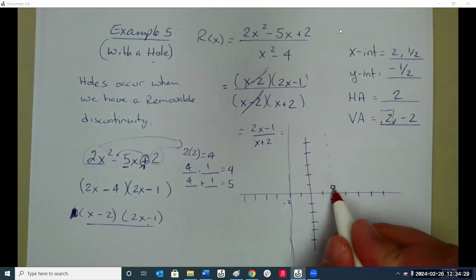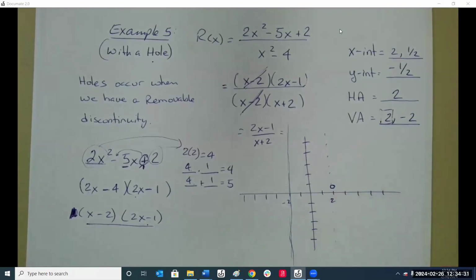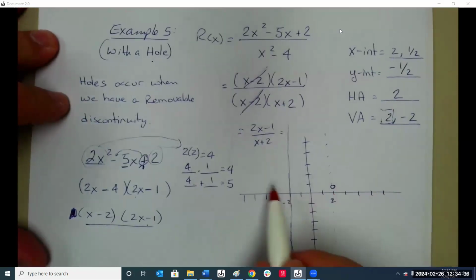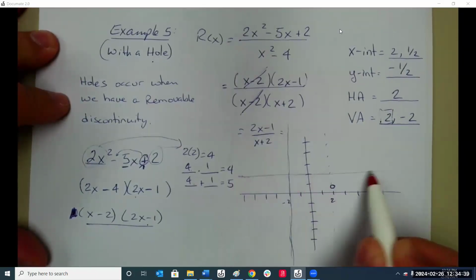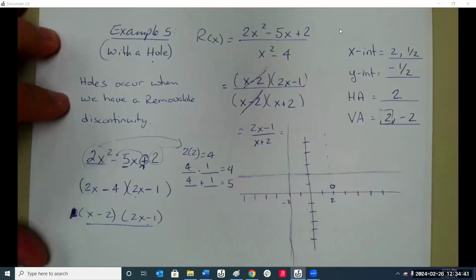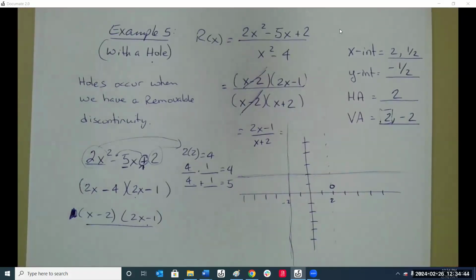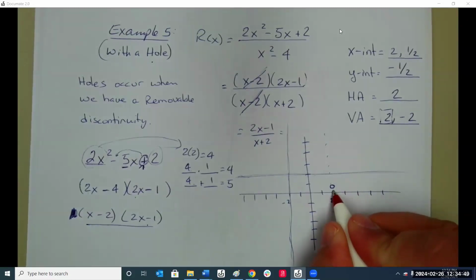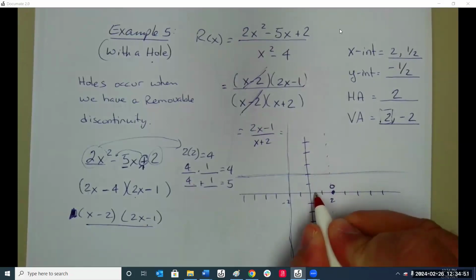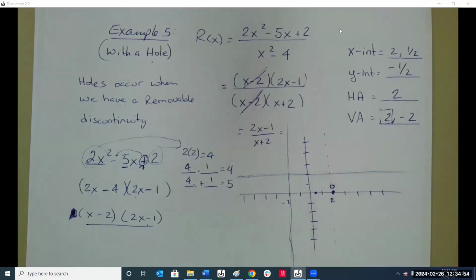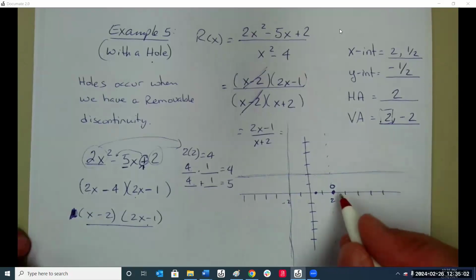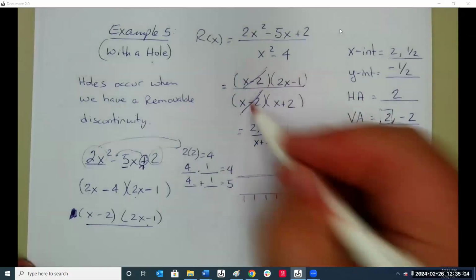But the graph can't cross that point, it's going to skip over that point. And we have a horizontal asymptote at 2. The x-intercept is at 2 and 1/2. It can't be at 2 because it'll make it undefined.